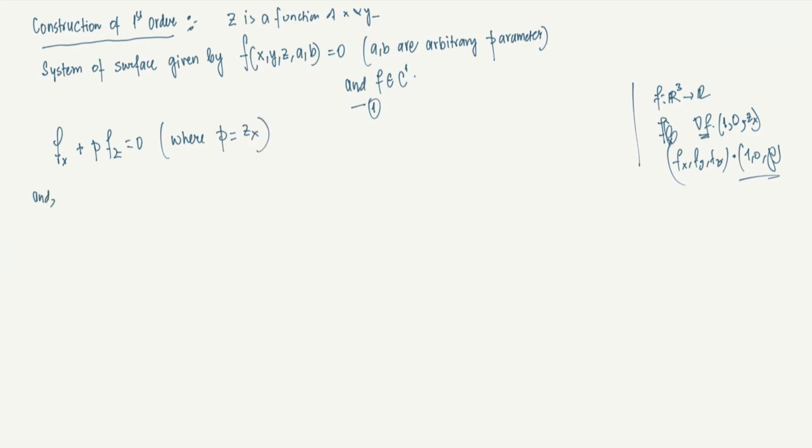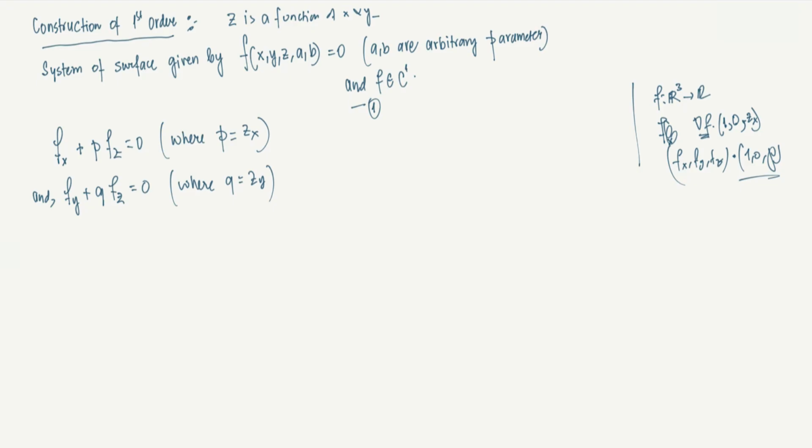If you differentiate again with respect to y, we get the same thing, except x is replaced by y and p is replaced by q. So this becomes Fy plus q Fz equals 0, where q is zy. I hope this is clear. This is differentiating relation 1 with respect to x and y.